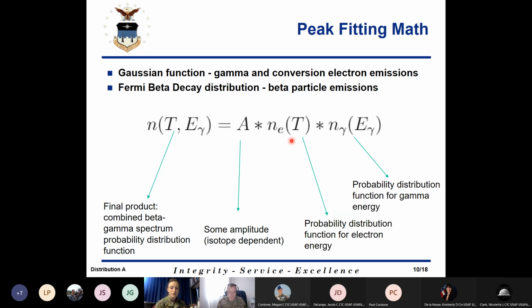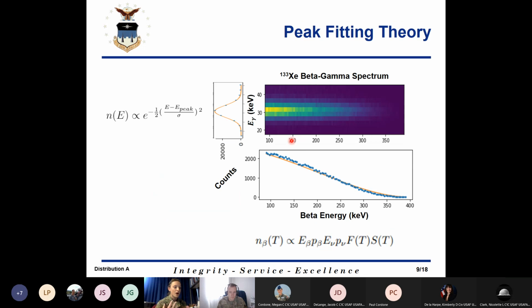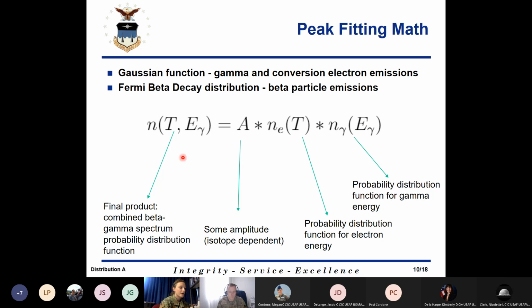So when you combine those two shapes that I showed you on the previous slide, this one for gamma and this one for beta, you can then create a probability distribution function that corresponds to the whole spectra, the one I showed you at the beginning when I was telling you what the detector spits out. So you can just use probability distribution functions to model the overall picture of what the isotope looks like.